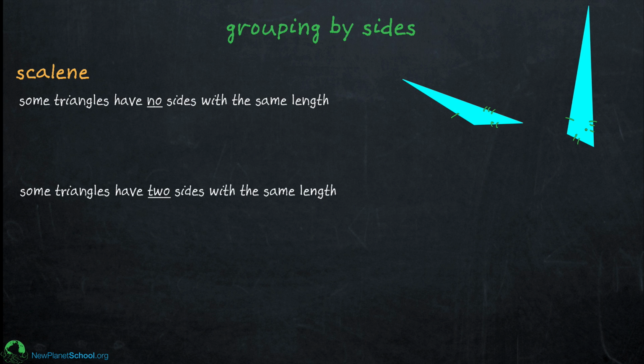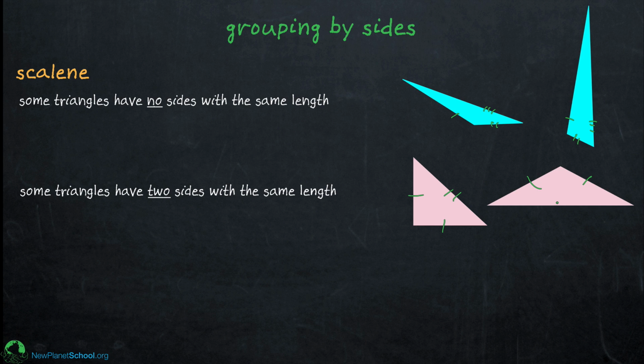Some triangles have 2 sides with the same length. And so here's an example. This has 2 sides of the same length, and this one has a different length. This has 2 sides of the same length, but a different length here. And those are called isosceles.